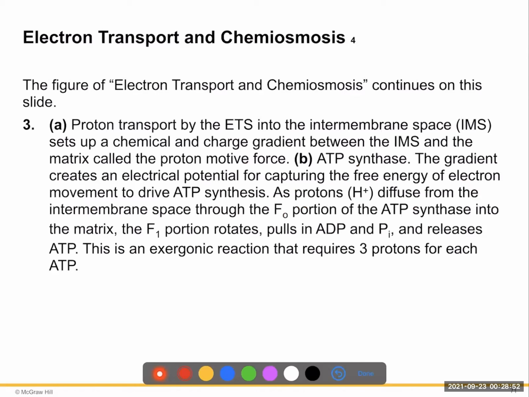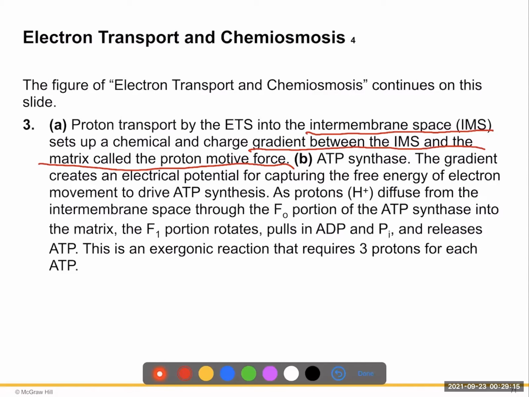So proton transport by the electron transport chain goes into the intermembrane space. Okay. Sets up chemical and charge gradients between the inner membrane and the matrix called the proton motive force. That's your osmotic pressure. Remember we talked about if particles are formed that can't cross that membrane, you have osmosis. So water can move, those particles are too big to move.